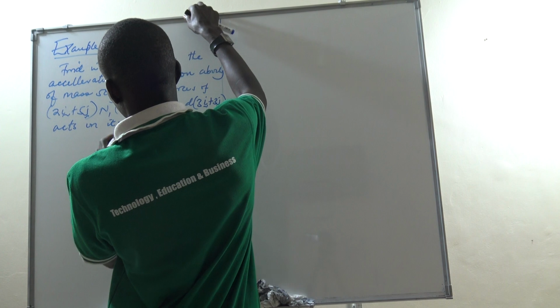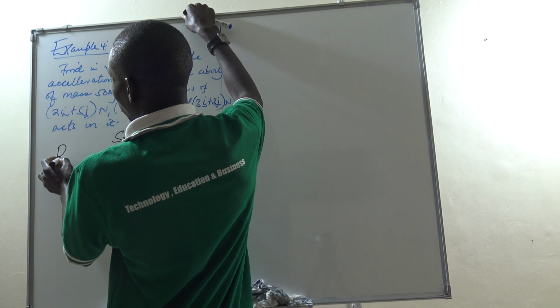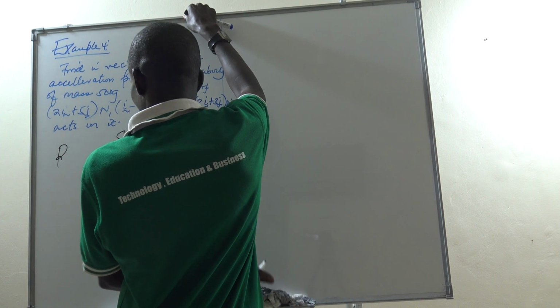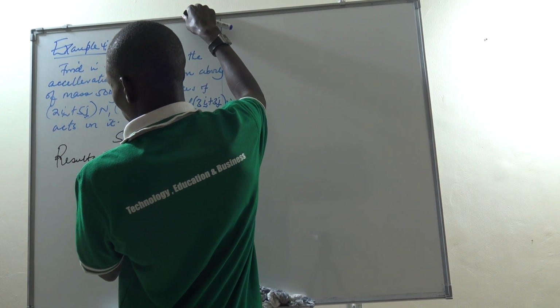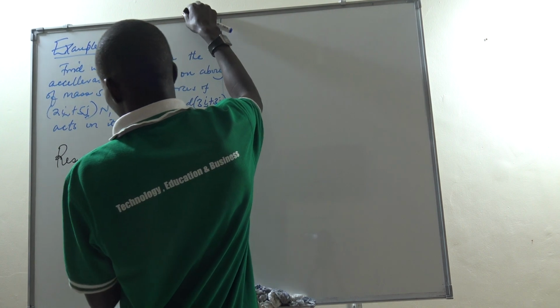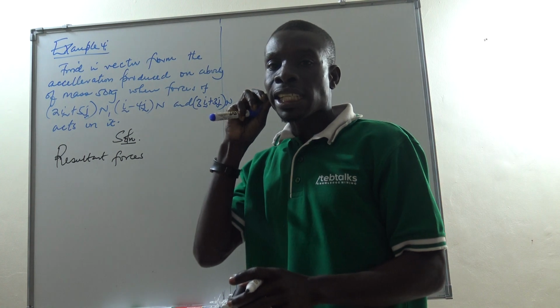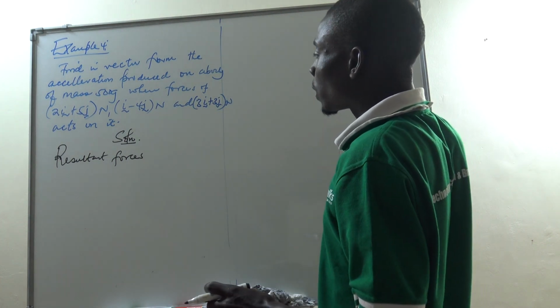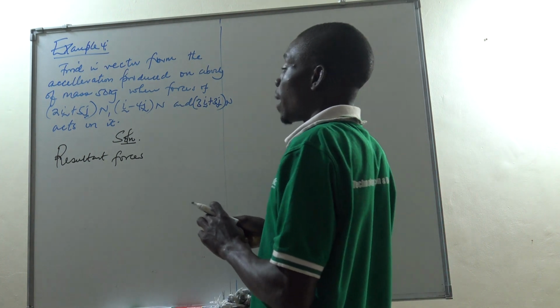So first of all, I would say that we should get the resultant force. We shall look at this in detail ahead, but the reality is, if we have forces which are in vector form, the resultant is just gotten by summing them all up.